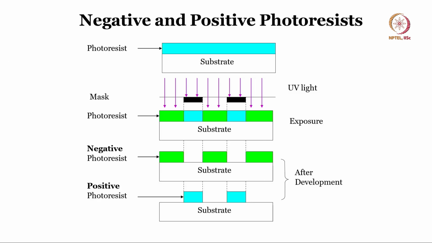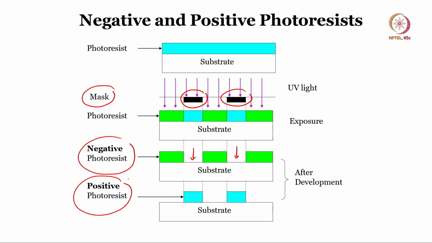Example, negative and positive photoresist. If this is a mask, and you are using negative photoresist, then whatever pattern was on the mask will not be there on the photoresist, and if it is a positive photoresist, whatever pattern is there on the mask will be there on the substrate or on the photoresist.